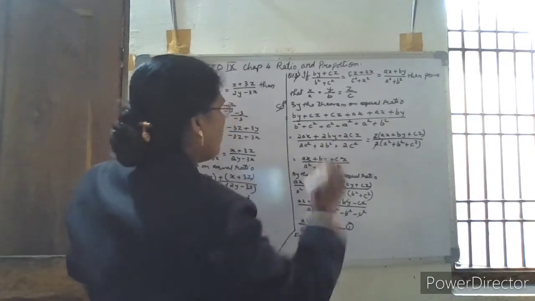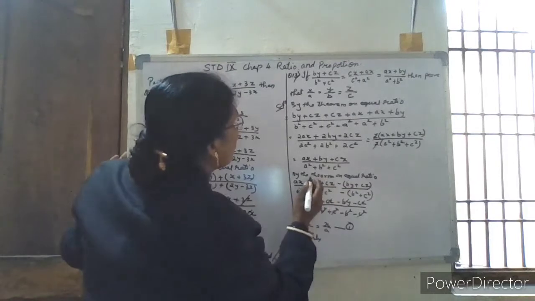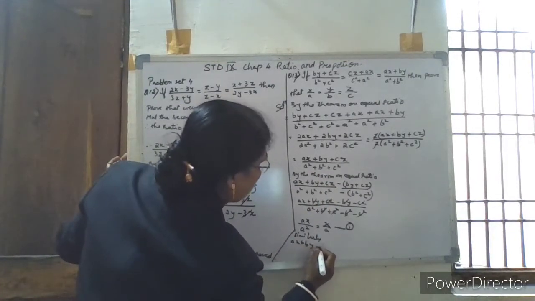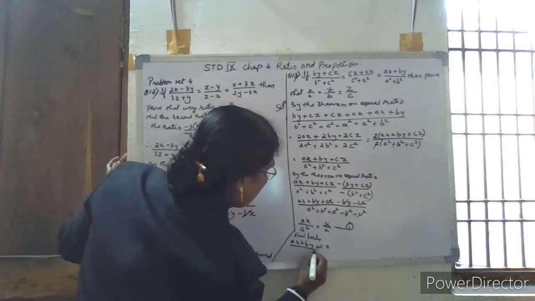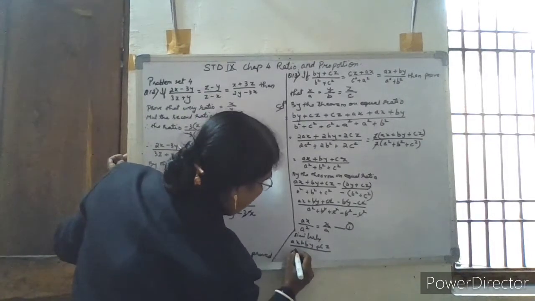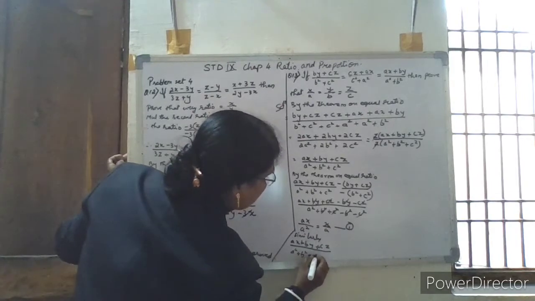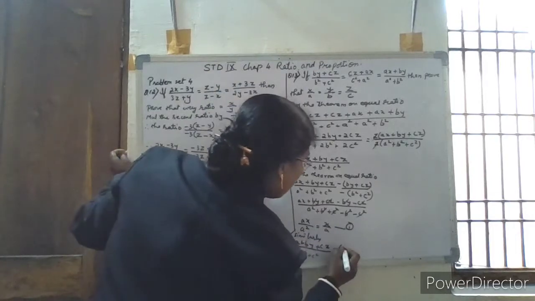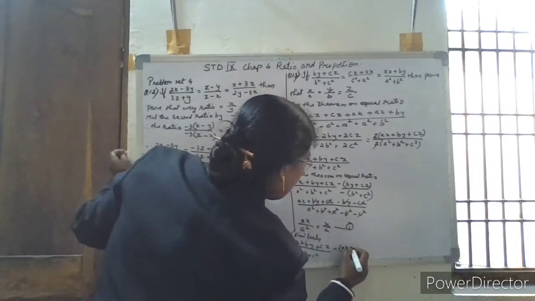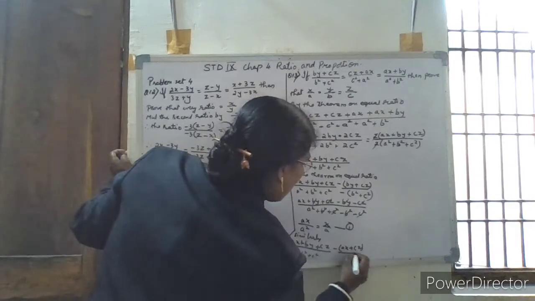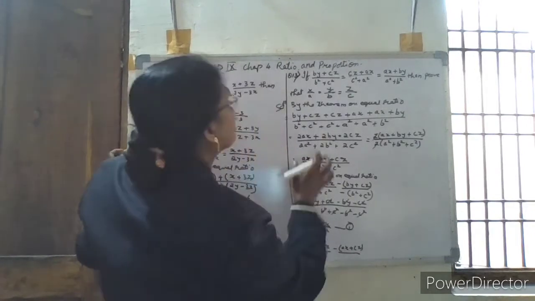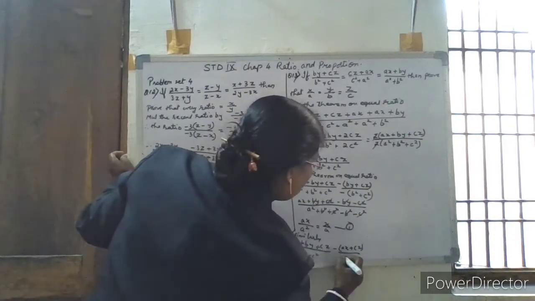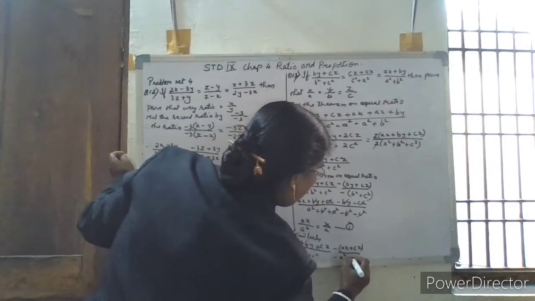So it is (ax plus by plus cz) upon (a squared plus b squared plus c squared) minus, here in the bracket these two terms, that is (ax plus cz), because we want to get the second ratio y by b, upon minus (a squared plus c squared) in the bracket.